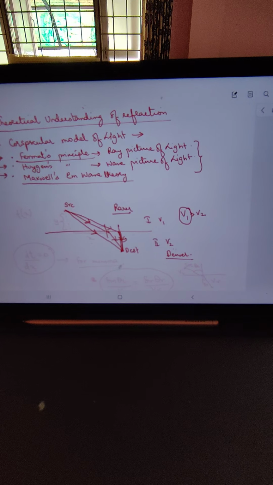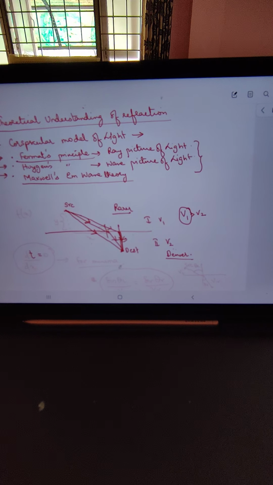So basically you will have to solve this problem using calculus. You will have to get the total time expression as a function of where it is going to strike, and depending on where it is striking, the angle is also going to change, right?